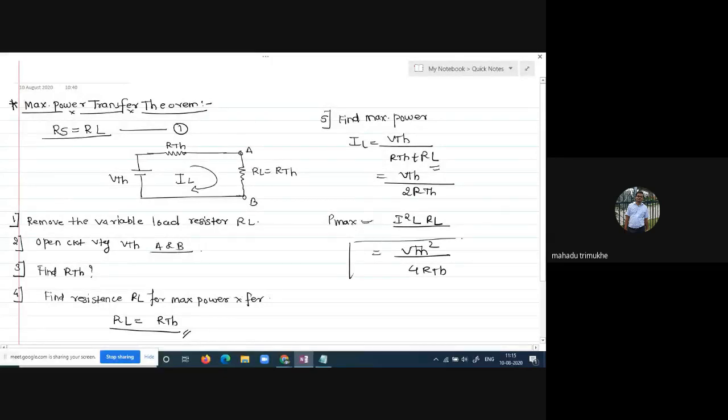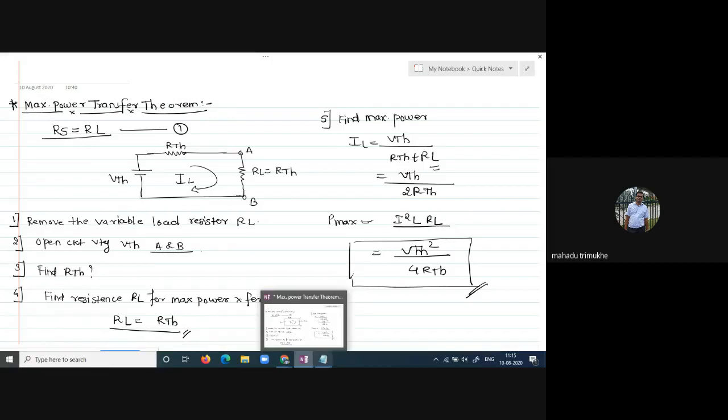This is very important to keep in mind for calculating Pmax: Pmax is VTH square divided by 4 RTH. These are the steps for applying the maximum power transfer theorem for an independent source.